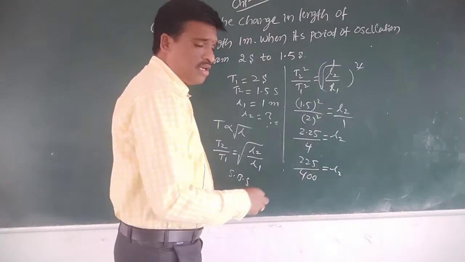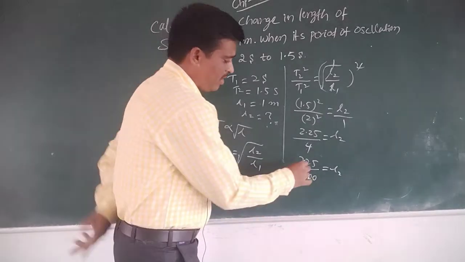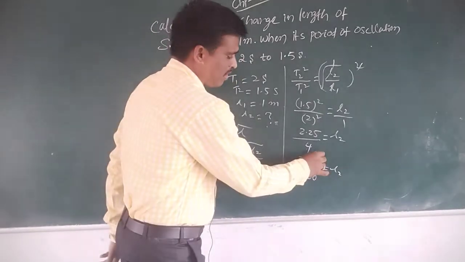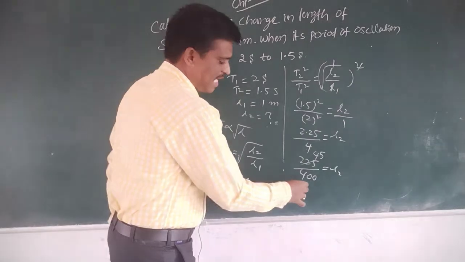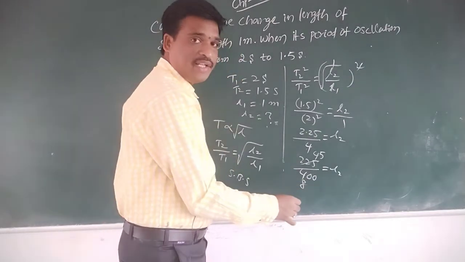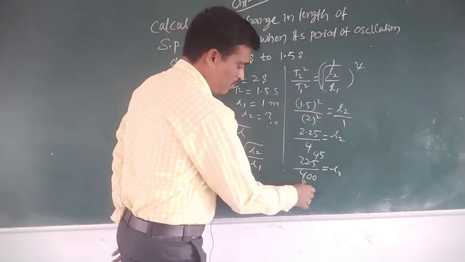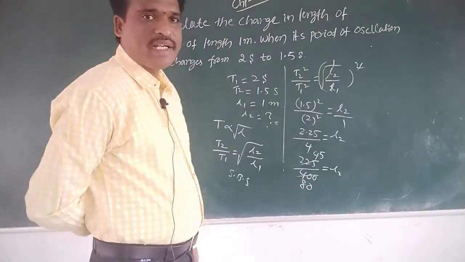Here cut. 5 4s are 20, 5 5s are 25, 5 8s are 40. Clear?